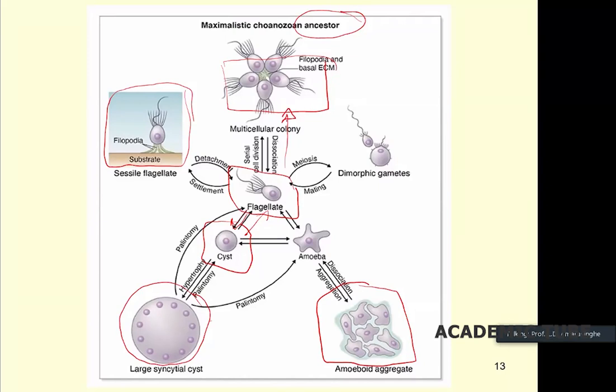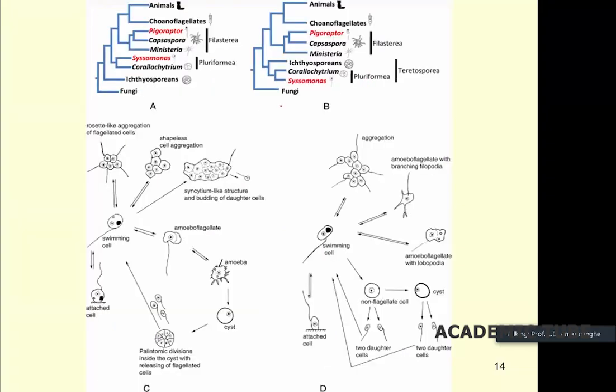From here, the animal kingdom originated as expected. Here are the two categories. Again, the choanoflagellate, and how the animal groups evolved into different groups: fungi, plants, animals.